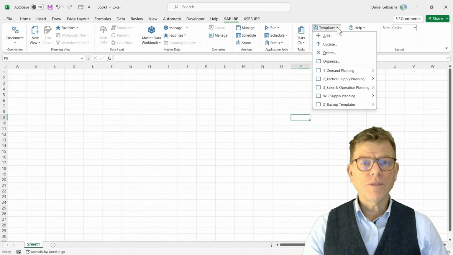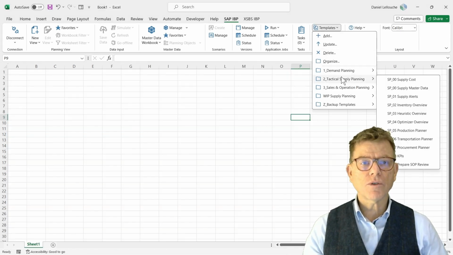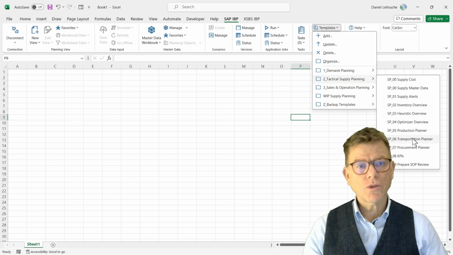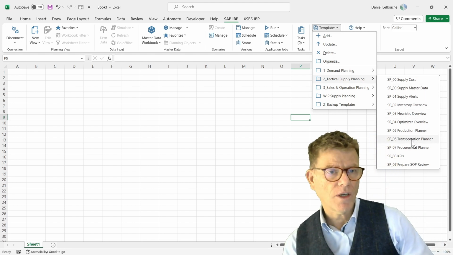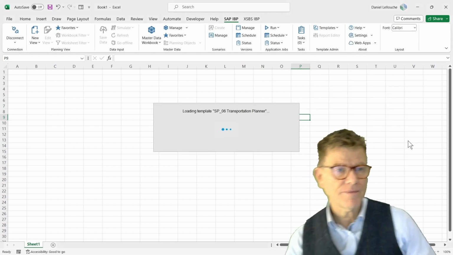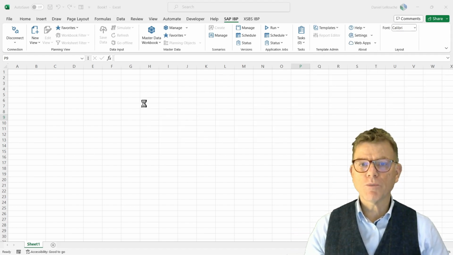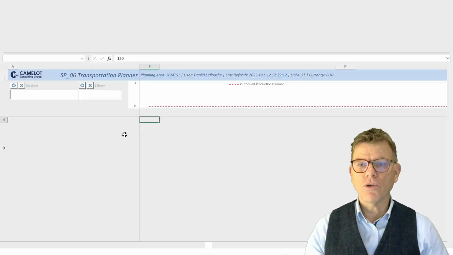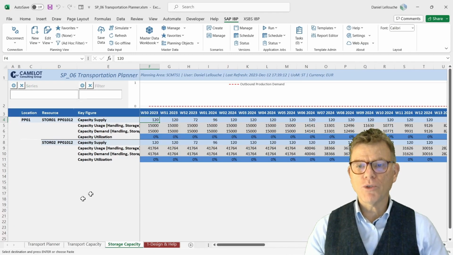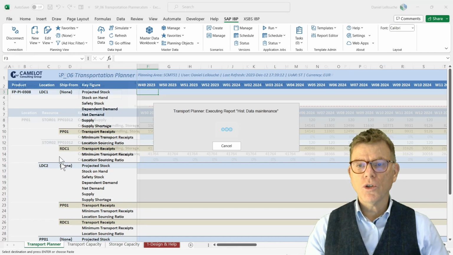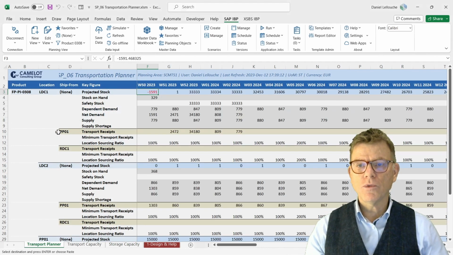To see the result in planning, let me use one of our good templates, which is the transportation planner. Hey, Daniel, don't hide transportation planner. There it is, it comes. And then in the transportation planner, you can assess the flows of materials between the different transportation lanes, from, to, okay, for such product with the transported quantity.